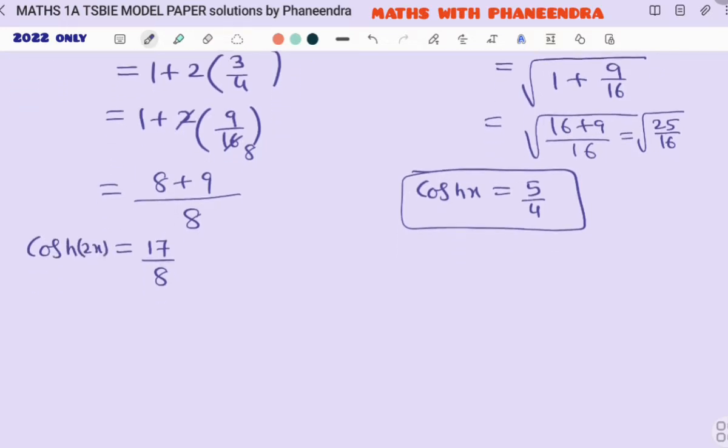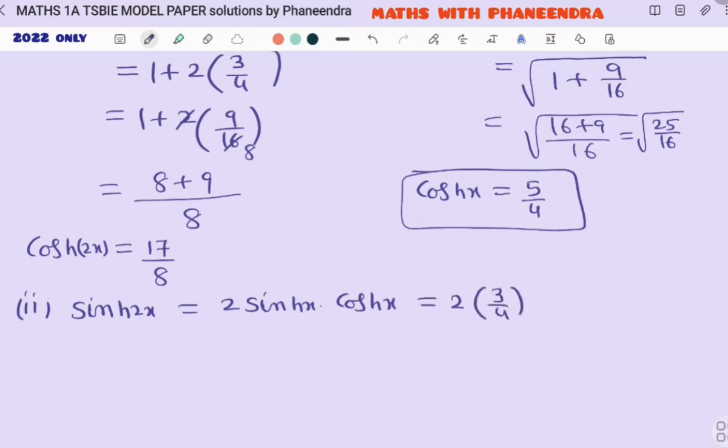Similarly, sin h 2x. Sin h 2x is equal to 2 sin hx cos hx. So, 2 into sin hx value 3 by 4, cos hx value 5 by 4. So, 2 ones are 2, 5 threes are 15 by 8, 4 twos are 8.